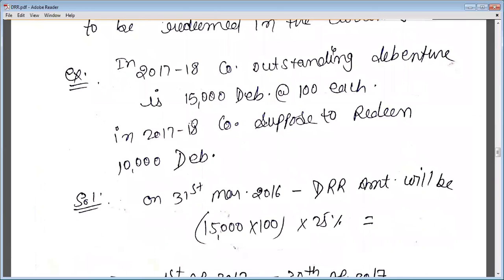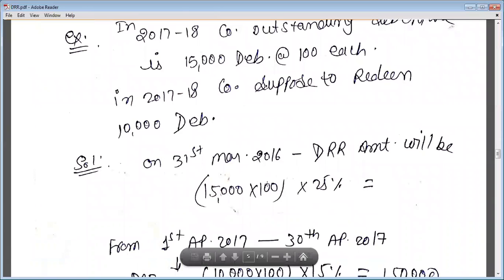So DRR will be created on 15,000 debentures because DRR is always maintained on the outstanding amount of debenture. Okay? Nominal value of outstanding debenture. So 25% will be made on outstanding debenture, that is 15,000 multiplied by 100. So on 31st March 2017, DRR has to be maintained on 15,000 outstanding debentures. So 15,000 multiplied by 100, and 25% of this amount, what will be the answer?